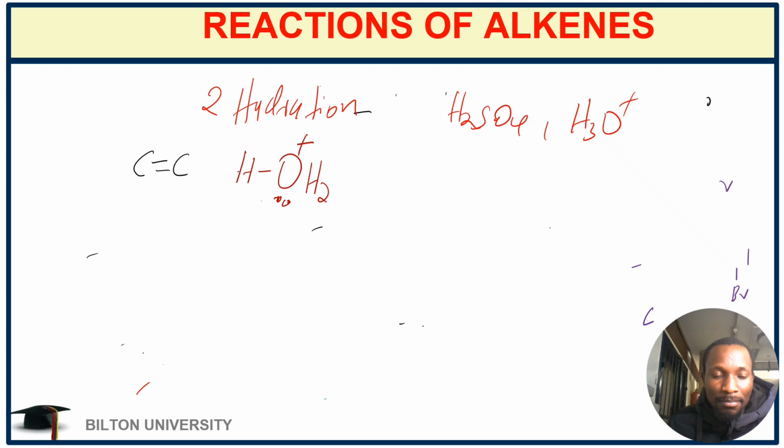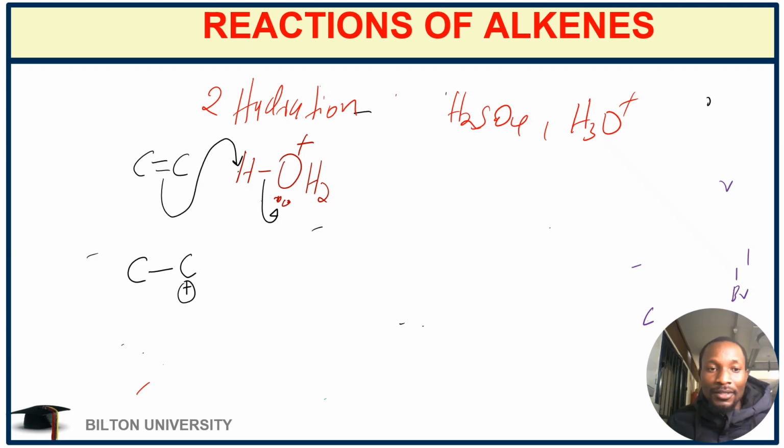The first step which is going to take place is the protonation of this carbon-carbon double bond, and that will happen because the hydrogen, this bond here, will break so that it becomes partially positive, and then this is what is going to happen. So we have already protonated this carbon-carbon double bond, and that's going to give us carbon-carbon, but this carbon is going to have a carbocation.